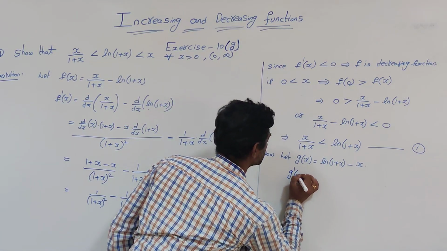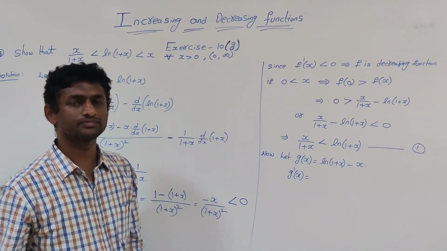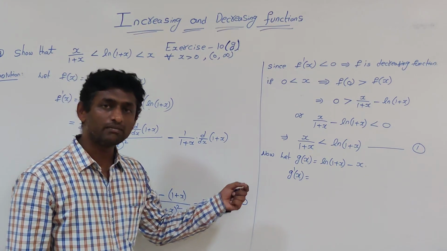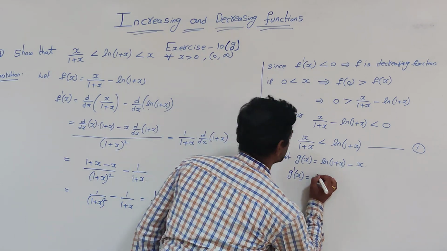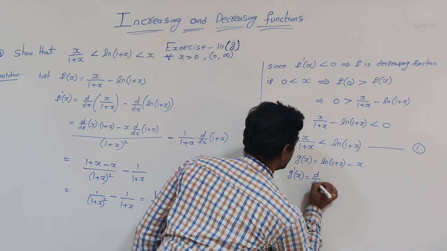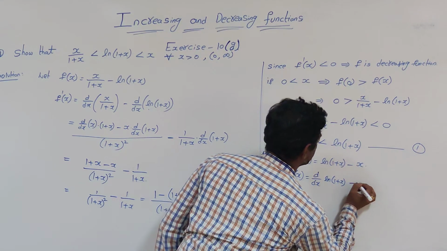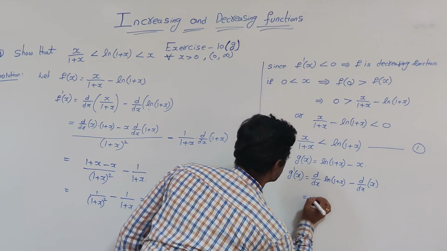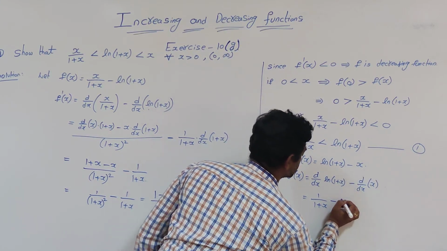g dash of x will be the derivative of ln of 1 plus x, which is 1 by 1 plus x into the derivative of 1 plus x, which is 1. So d by dx of ln of 1 plus x minus d by dx of x, which is 1, gives 1 by 1 plus x minus 1.